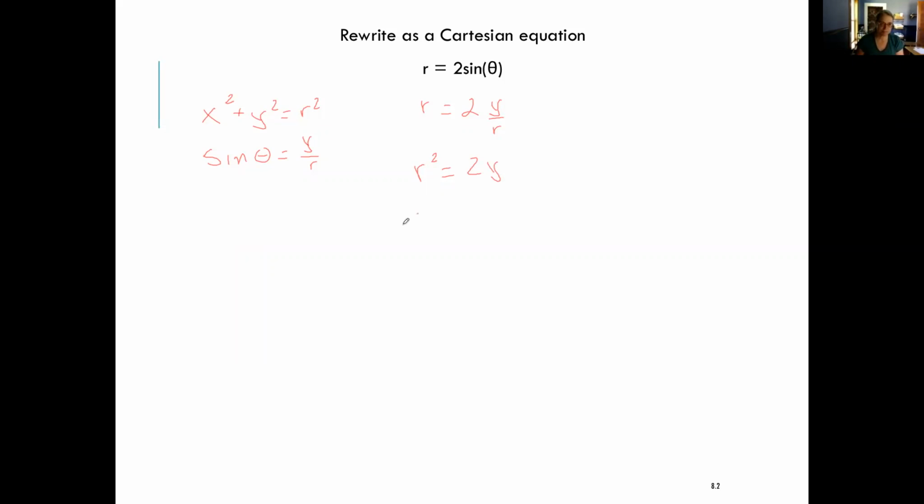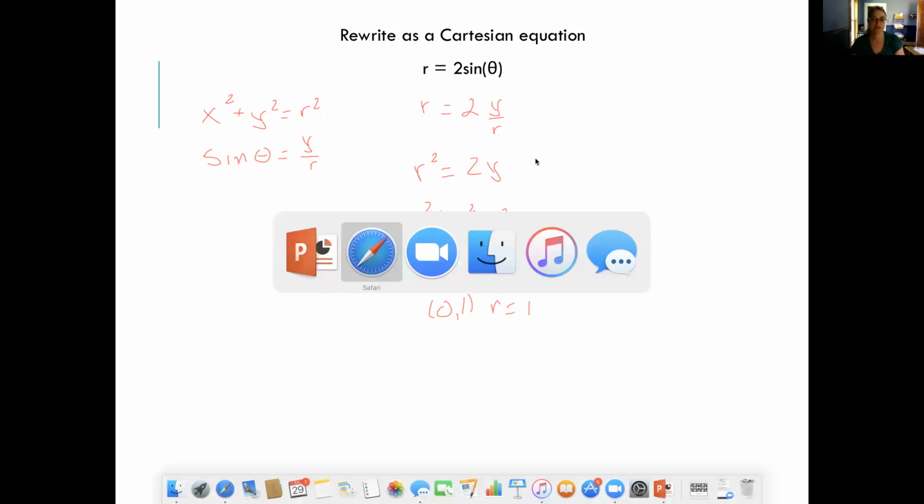Substitute in: x squared plus y squared equals 2y. If we gathered all of our variables together and completed the square on the left-hand side, we could write that in the standard form for our circle and see that that is x squared plus (y minus 1) squared equals 1, which would be a circle centered at the point (0, 1) with radius equal to 1, which is what we saw on our graph.